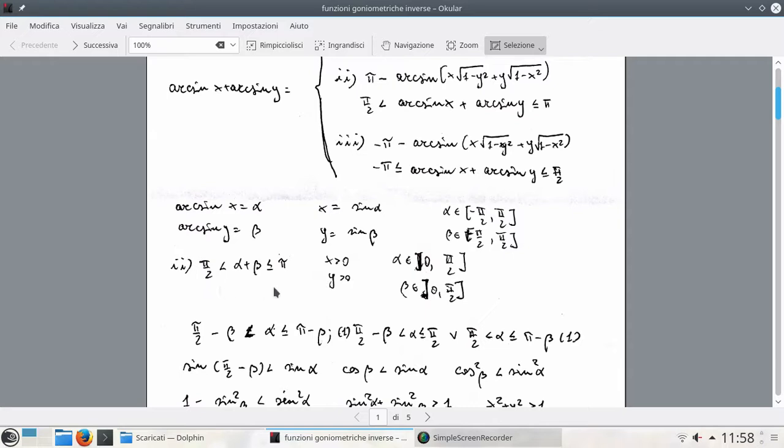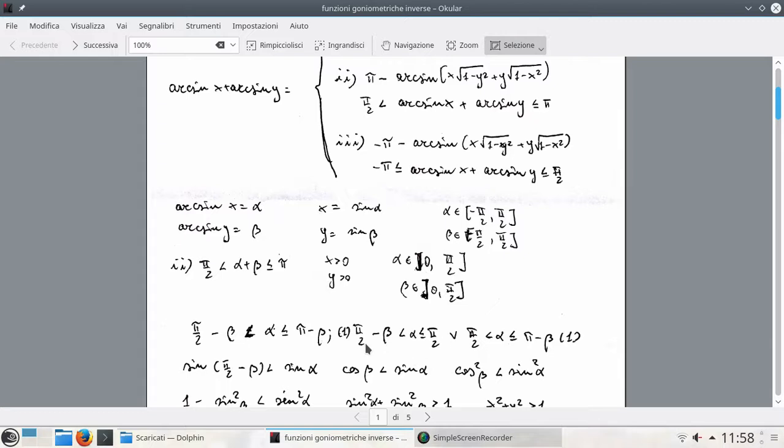This inequality can be modified into pi minus beta less than alpha, not greater than pi minus beta, and it becomes one expression divided in two parts.